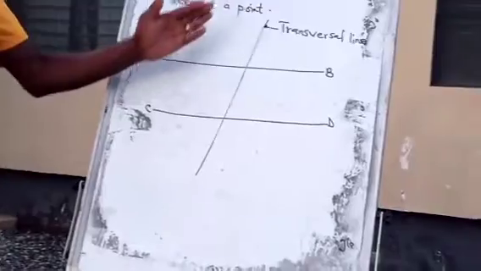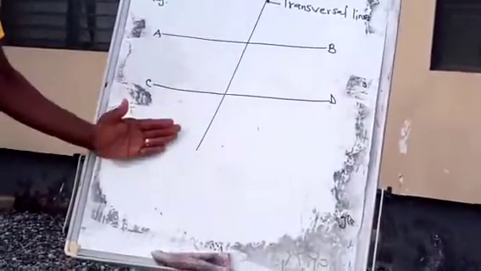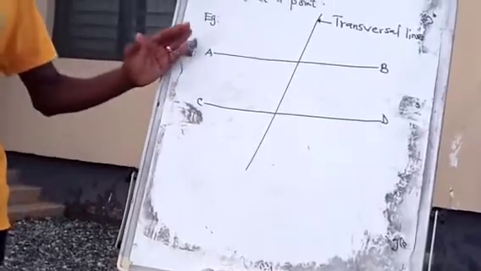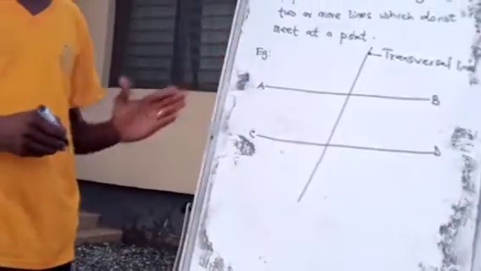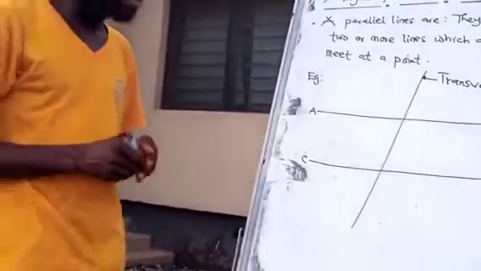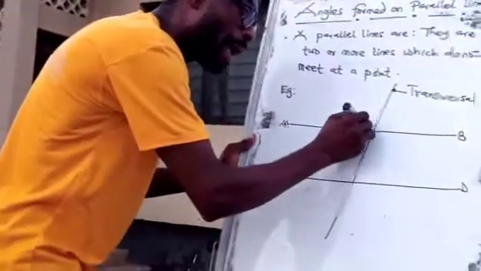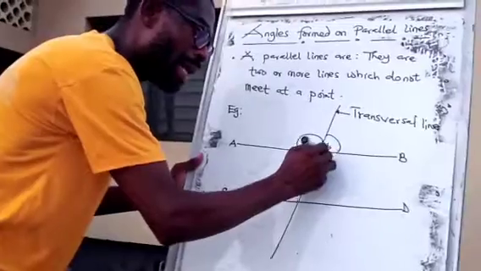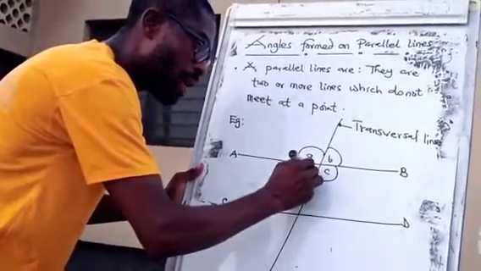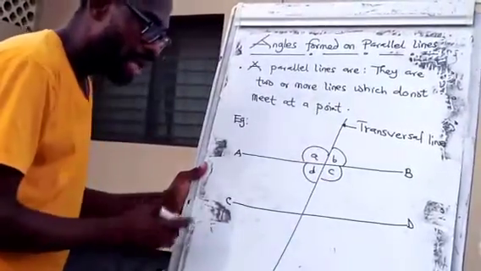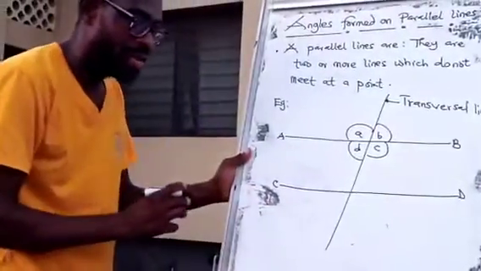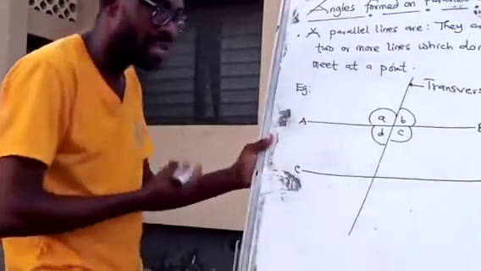When the transversal line cuts across two or more parallel lines, we will have several angles produced. So we can have angle A, angle B, angle C, angle D. Equally, the parallel line CD can also produce several angles.